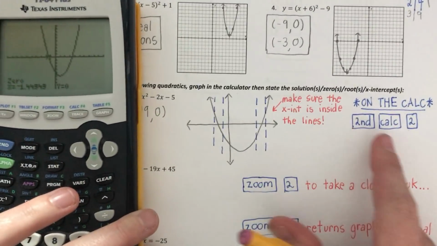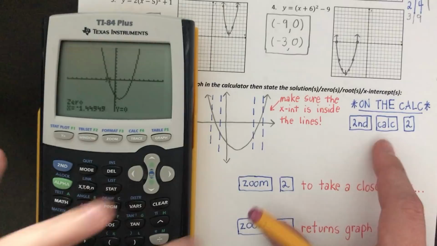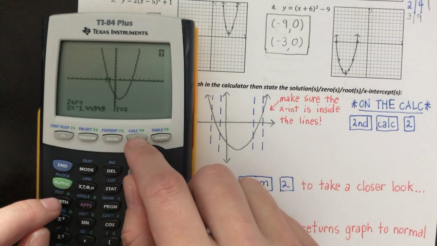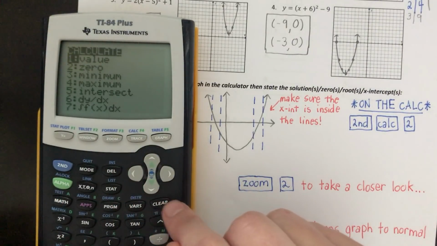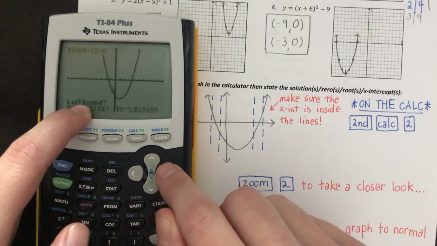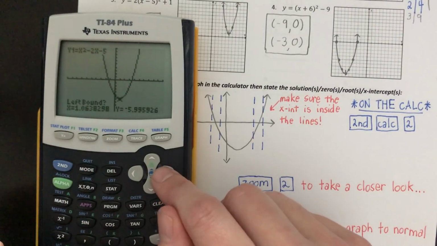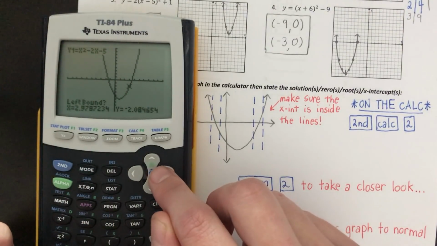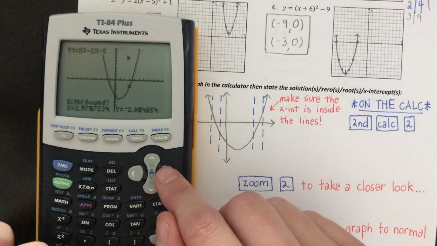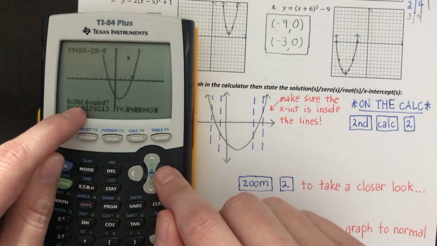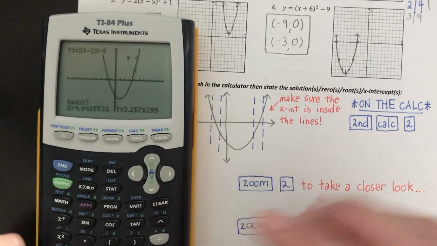Of course, that's only the one. Now we've got to do this process all over again. Oh, yay. So second calc 2. And then now we need to go to the left of this x-intercept. So about there, hit enter. Okay, and then to the right, hit enter.